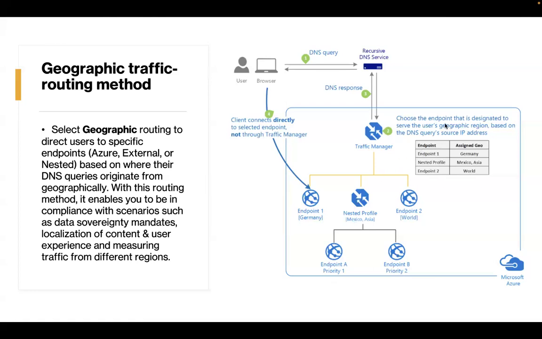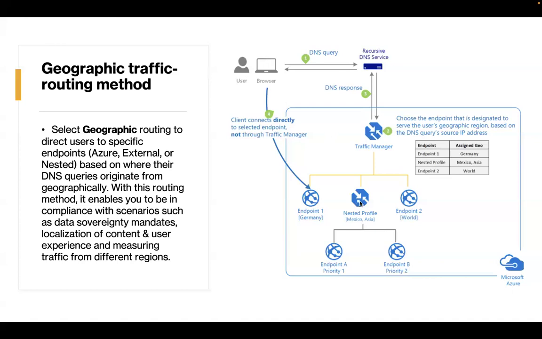Now what is happening? Choose the endpoint that is designated to serve the user geographic region based on the DNS query source IP address. So once you configure this and the user is coming, suppose it is from Asia. Asia is part of this nested profile, right? And here also you have configured the geographic traffic routing method, or anything else is also fine.